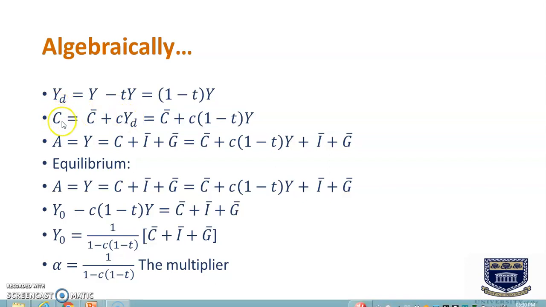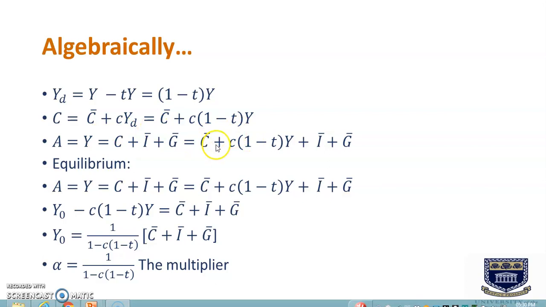So our consumption function becomes autonomous consumption plus our marginal propensity to consume times, instead of Y, YD, and YD was equal to (1 minus T)Y. Thus, at equilibrium, we know that A is equal to Y, and we know that our aggregate spending function now is given by C plus I plus G.